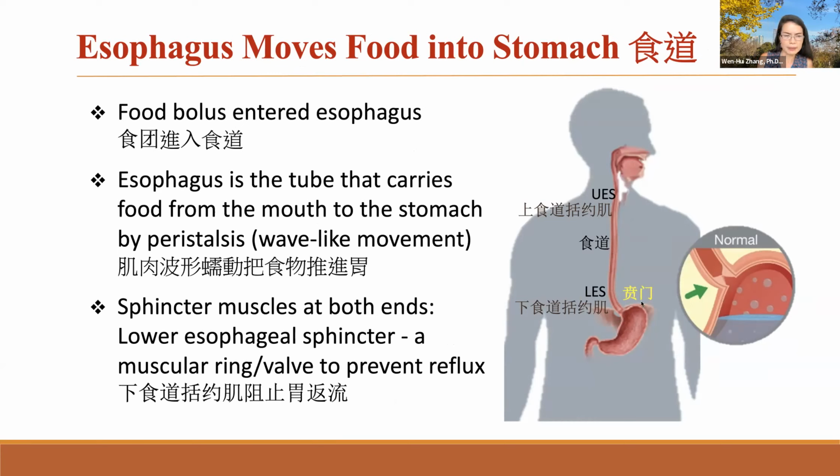So those sphincters are actually made up of muscular rings. They work as valves. So like in the lower esophageal sphincter, it's to stop food in the stomach from flowing into the esophagus.